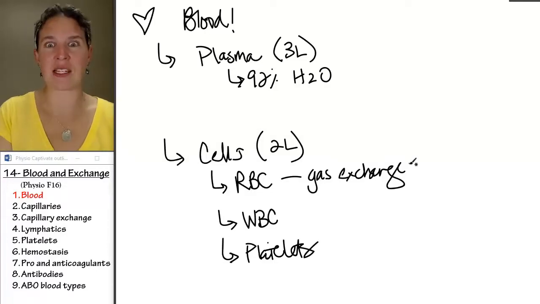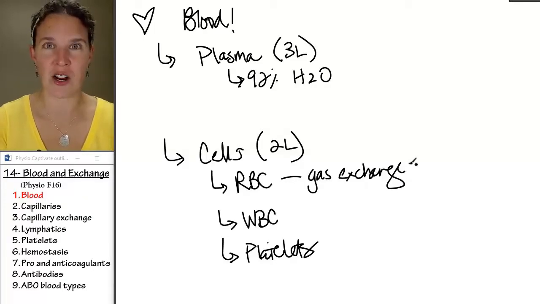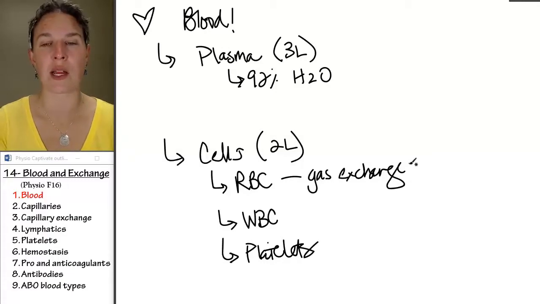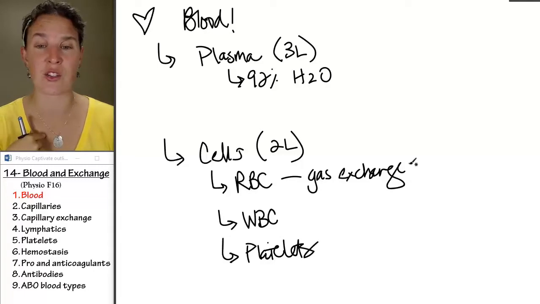Even if we allow them to starve, you can last longer while starving than you can without having oxygen or getting rid of your carbon dioxide. So the red blood cells facilitate this gas exchange. We've got 2 whole lectures on respiratory system and gas exchange coming at us soon.